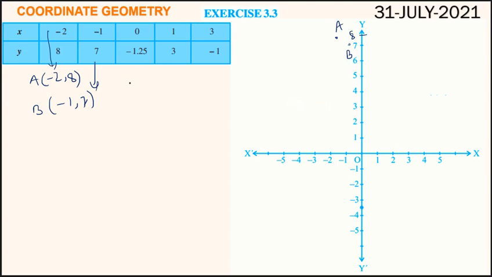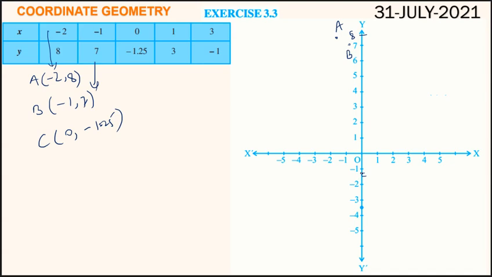Then C, 0 comma minus 1.25. Since the x coordinate is 0, it lies on the y axis. On the y axis, 0 comma minus 1.25 is somewhere between minus 1 and minus 2, let's say minus 1.5, and between minus 1 and minus 1.5 it comes here.